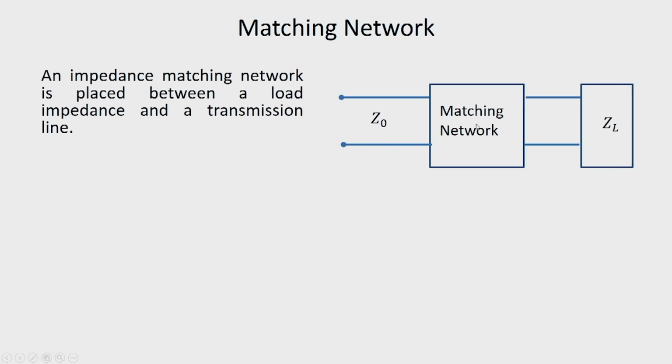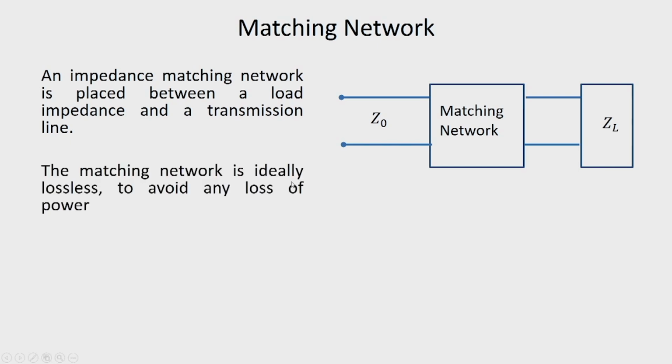We introduce a matching network in between. Now, this matching network ideally should be lossless, so that the matching network itself does not dissipate power. So, in order to avoid any loss of power within the matching network, ideally it should be lossless.